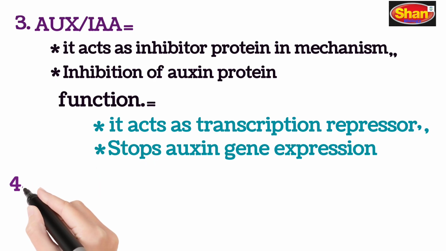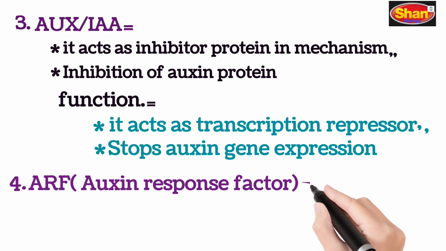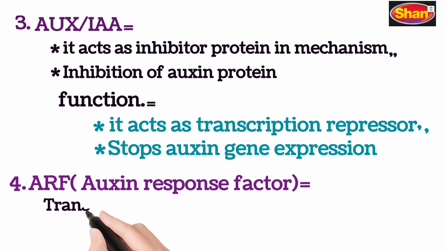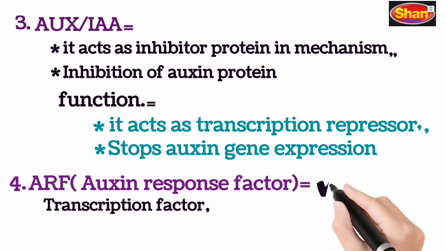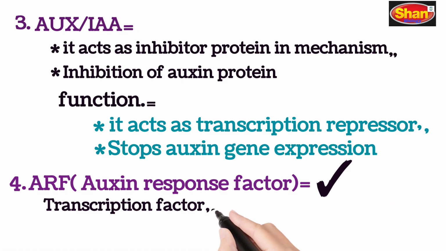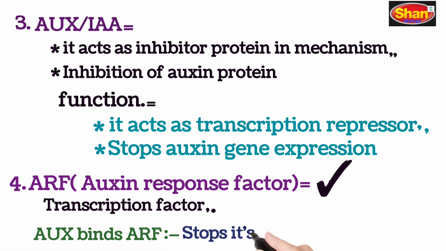Fourth point to understand here is ARF, means auxin response factor. It is basically a transcription factor which leads to transcription of auxin genes, formation of auxin. Now AUX binds with ARF and it stops the expression of auxin genes, or stops the whole process.